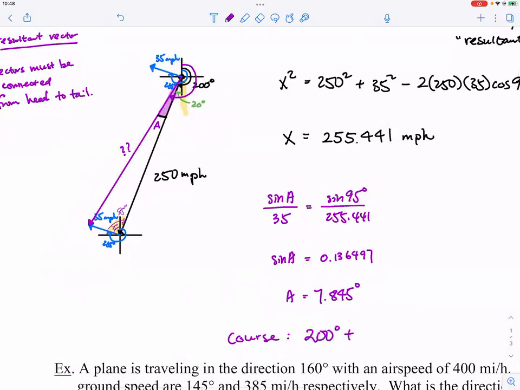Basically you tag on 7.845 degrees to 200 degrees, so 207.845 degrees. 200 is the original airplane direction. Since it's being nudged a little bit more to the west side, we just find that little angle difference, and then we tag on the angle difference to the 200. That's it.